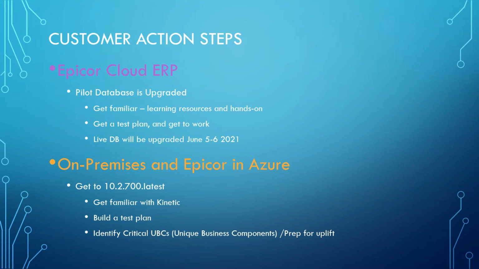This gives you the opportunity to get familiar with Kinetic and to begin also assessing that test plan, helping your users to make the transition, and also, and most importantly, to identify all of those critical, unique business components. Also, many people refer to these as customizations, BPMs, report styles, etc., and start preparing your organization for uplift of all these unique business components into Kinetic 2021.